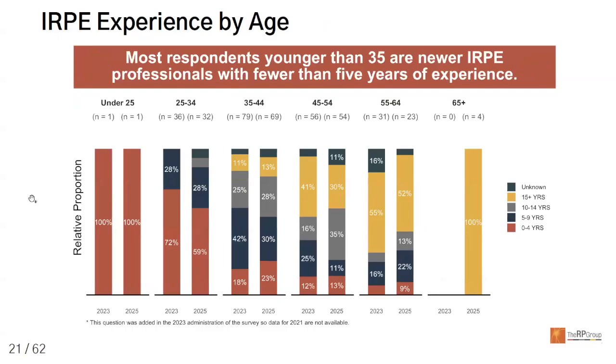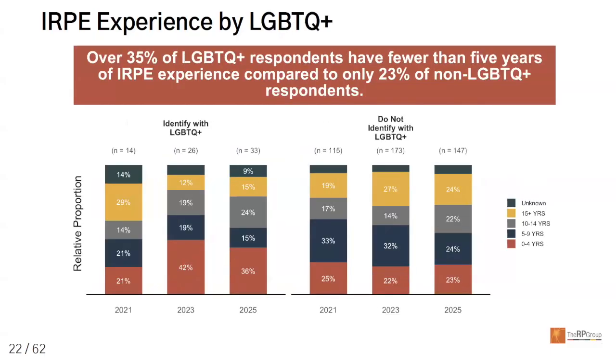When we look at age, again, not surprising, these things are correlated in terms of most of our respondents that are younger than 35 are newer to the profession with 5 years or fewer. When we look at LGBTQ respondents, over a third of them have fewer than 5 years compared to only a little less than a quarter for those who do not identify as LGBTQ.